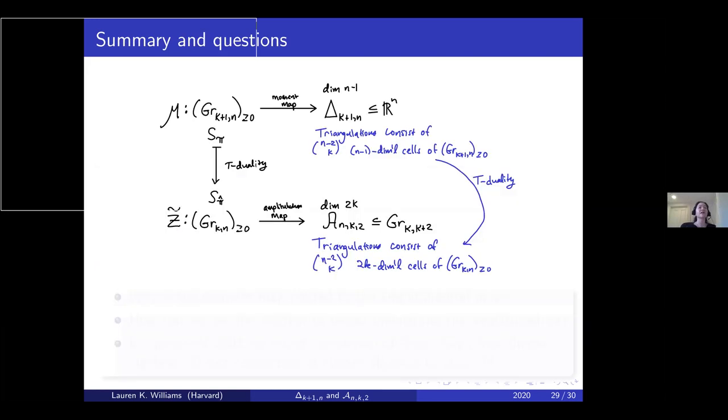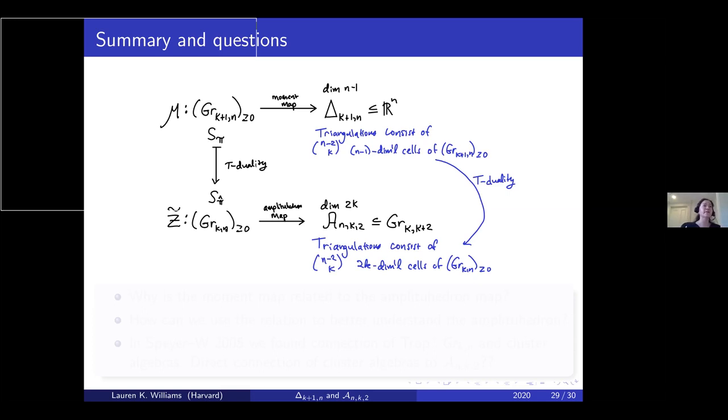Okay, so this is just a summary of what I've explained today. We have two maps. We have the moment map from a Grassmannian of k+1 planes in n space to a polytope called the hypersimplex, which is a classical and well-studied object.